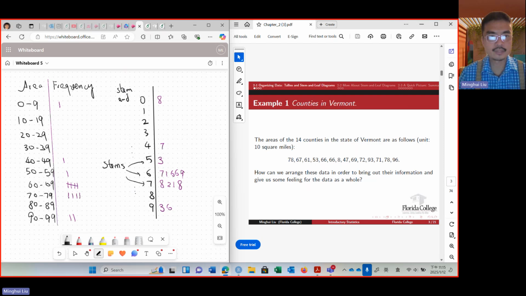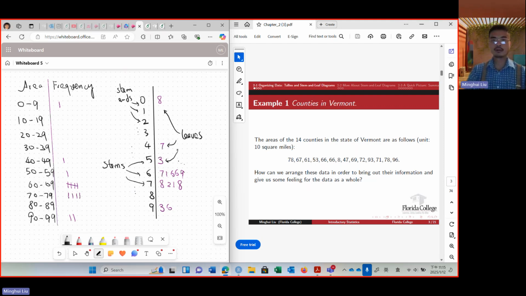And what we mean by the leaves are the numbers on the right of the bar. So here are the leaves, those numbers, and so on. Again, those are the standard terminologies.